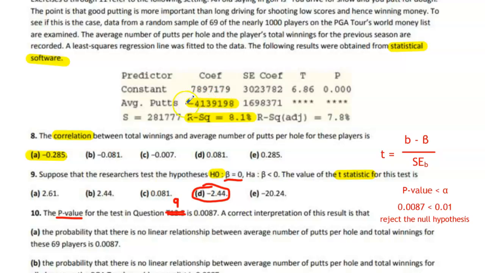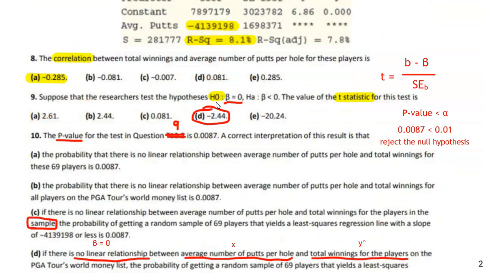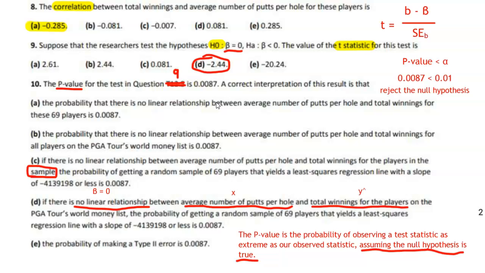The linear relationship is negative 4 million and so on as the slope, and 1,698,371 for the y-intercept. Ooh, I'm sorry. The y-intercept is 7,897,179. Anyway, there is a linear relationship with the sample. We know that. We're trying to figure out whether there's a linear relationship in the population. So this isn't a question if there is or is not a linear relationship.